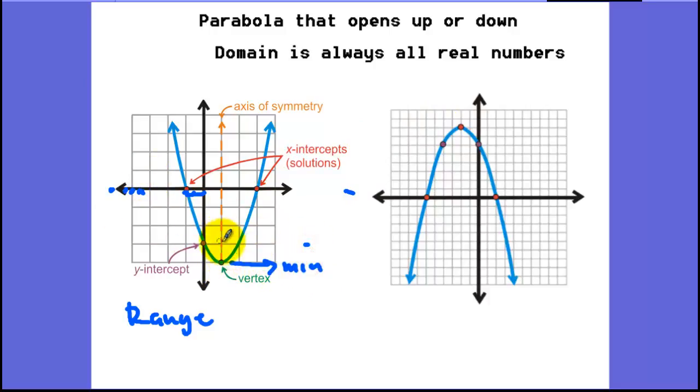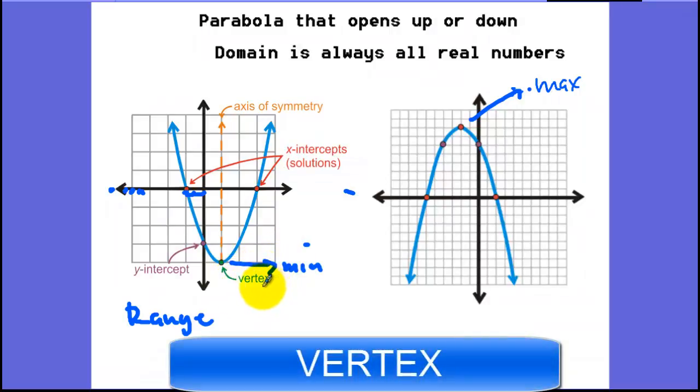So if a parabola opens up, we have the minimum point. Now if the parabola opens downward, the minimum point, or in this case, it is no longer a minimum point, but it is now the maximum point.